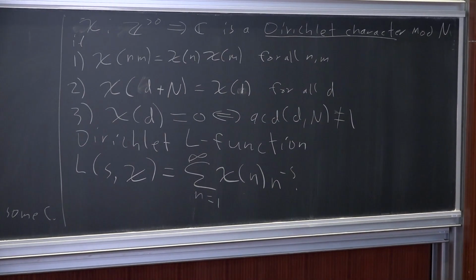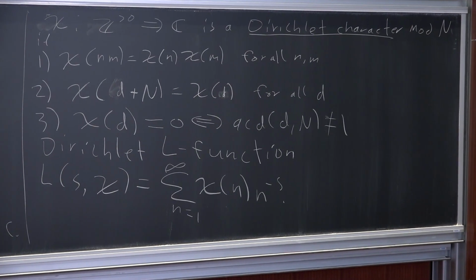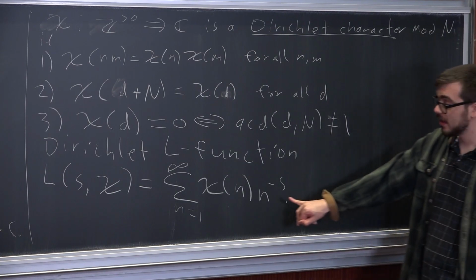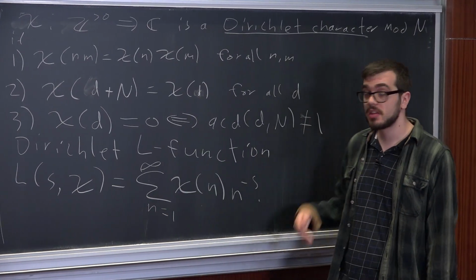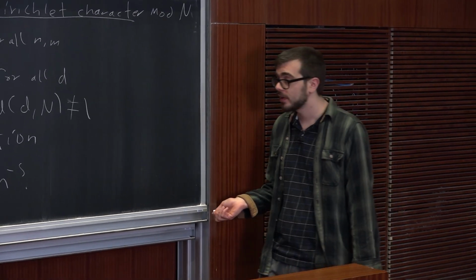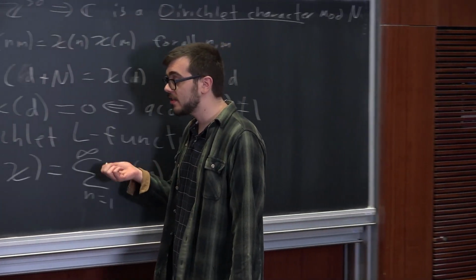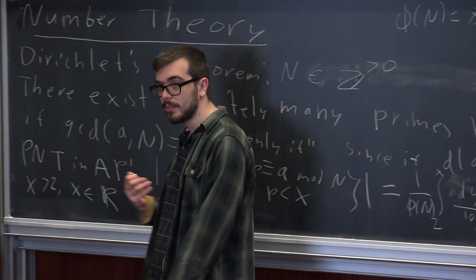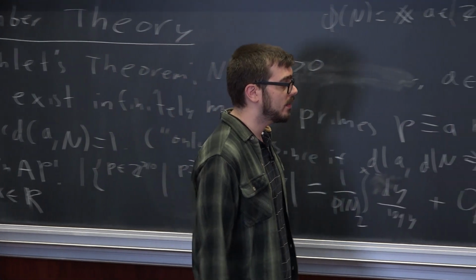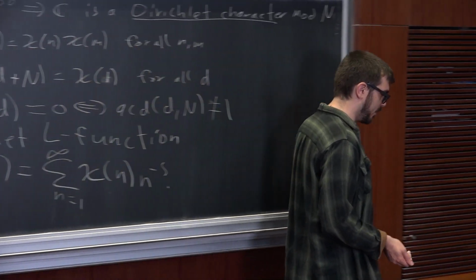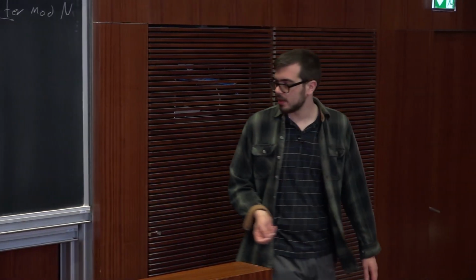So it's a variant of the definition of the Riemann zeta function, which incorporates this Dirichlet character, which means it incorporates congruence modulo n. And just like the Riemann zeta function is very helpful for counting the prime numbers, these Dirichlet L functions are very helpful for counting primes in arithmetic progressions.